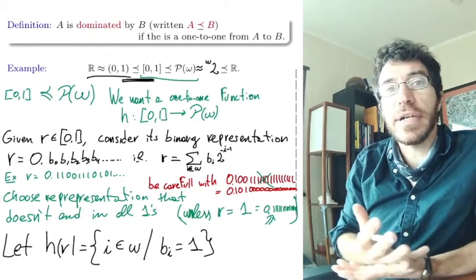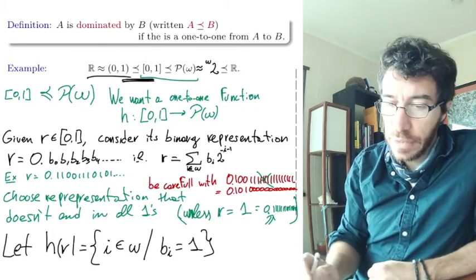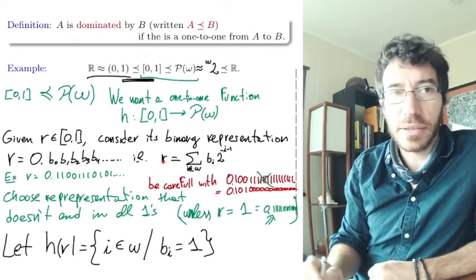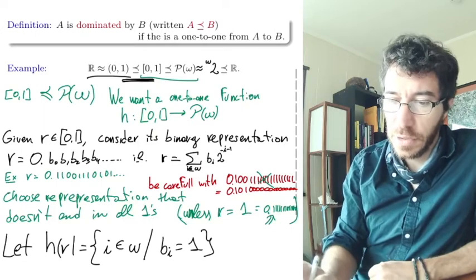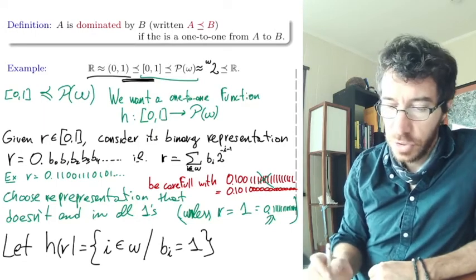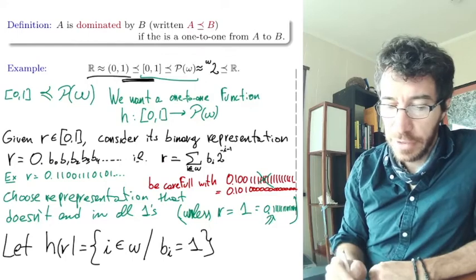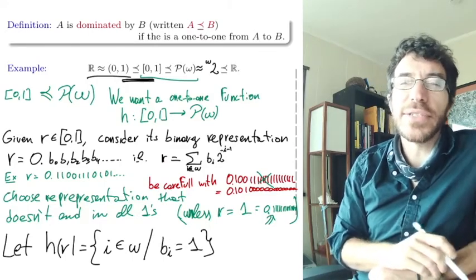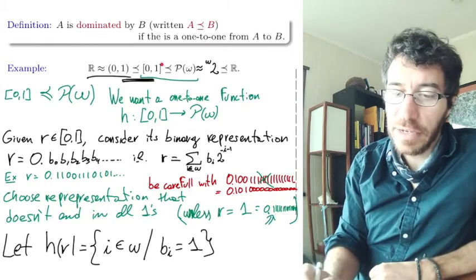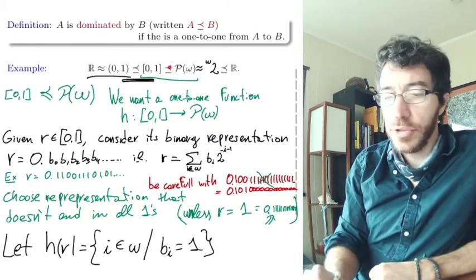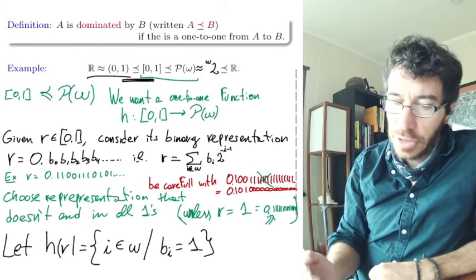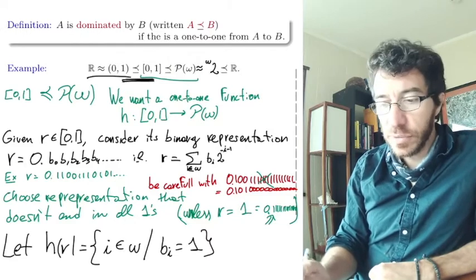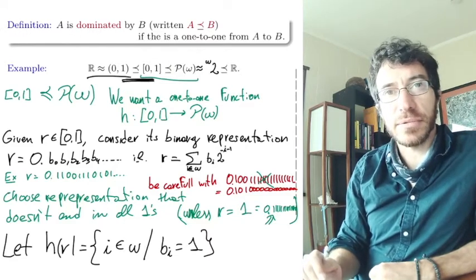It has to give us a different subset for different numbers, right? Because if you know which ones are 1s and which ones are 0s, we can recover the number back. So h is 1 to 1. Is it onto? Well, it's not necessarily onto, and that's why we don't have here the equinumerous sign, because since we had to choose between one of the representations, we are leaving out some subsets, right?